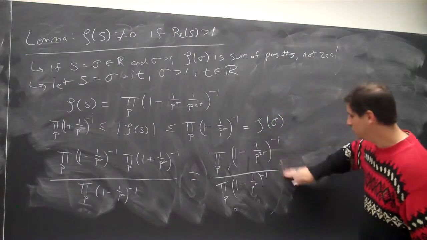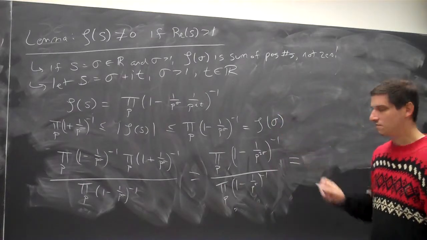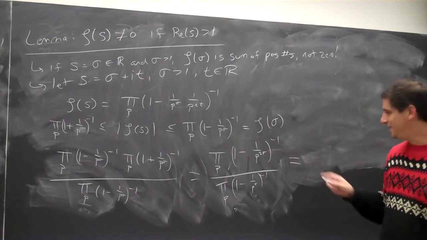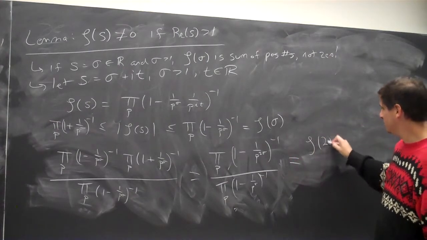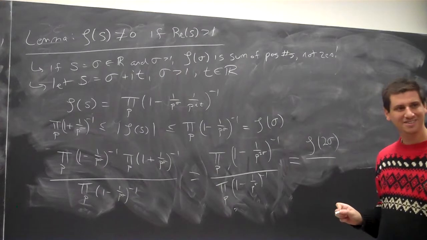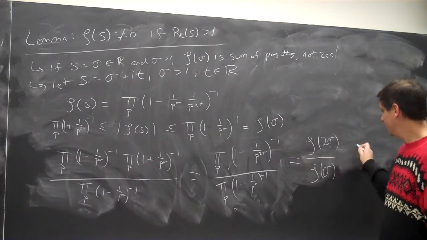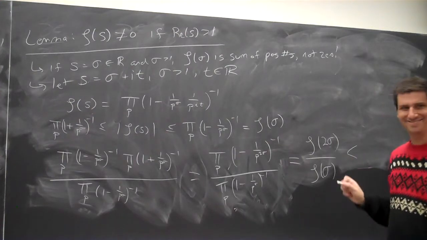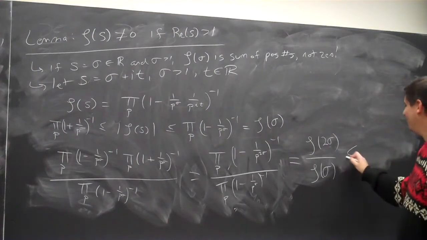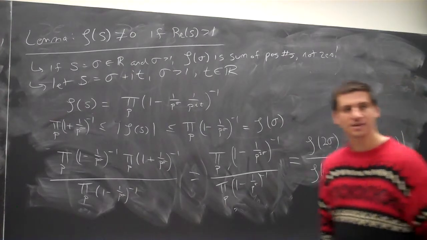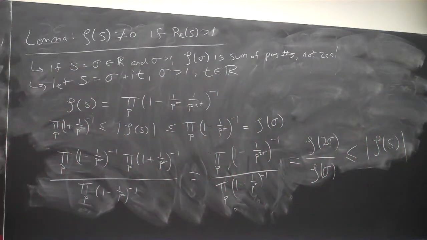What does the numerator equal? Zeta of 2 sigma. And the denominator? Zeta of sigma. And that will be less than or equal to the absolute value of zeta of x. And there's our lower bound.